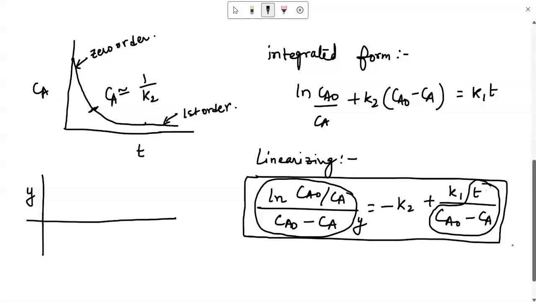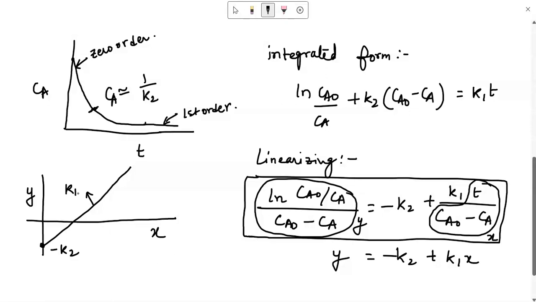So this becomes my x term. The equation is y equals minus K2 plus K1 x, so you will have a straight line plot. At the y intercept you have the value minus K2, and the slope of this plot is K1.